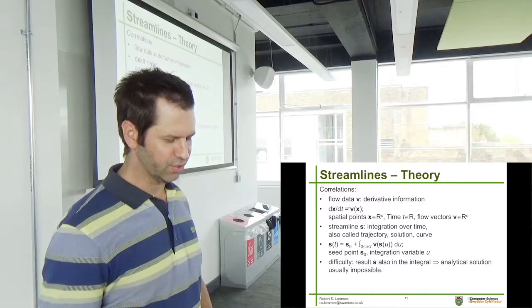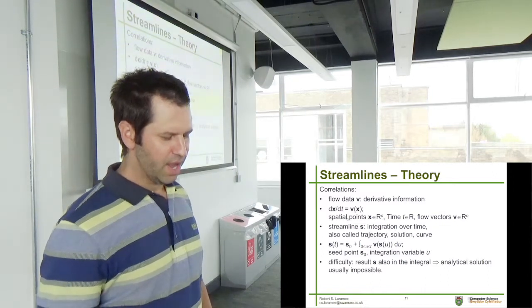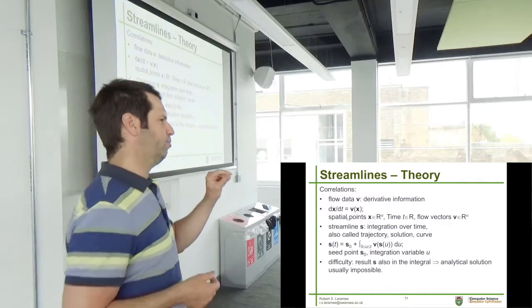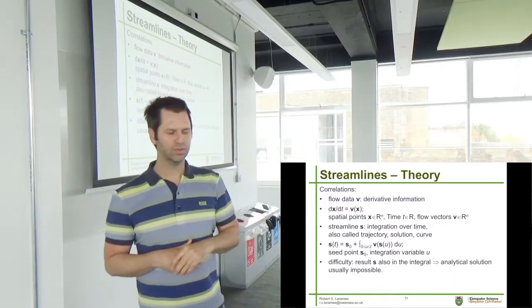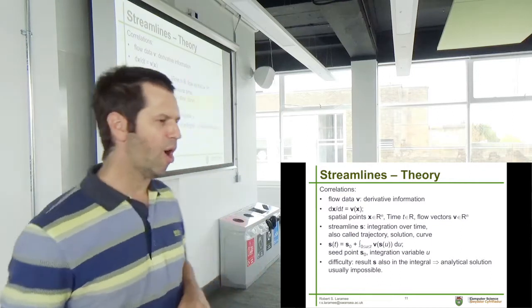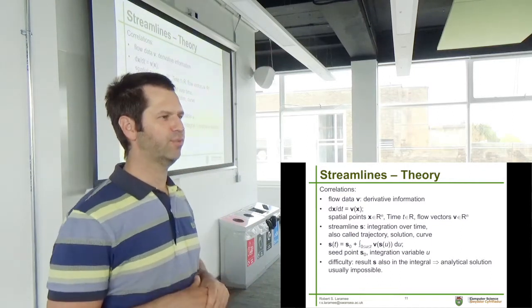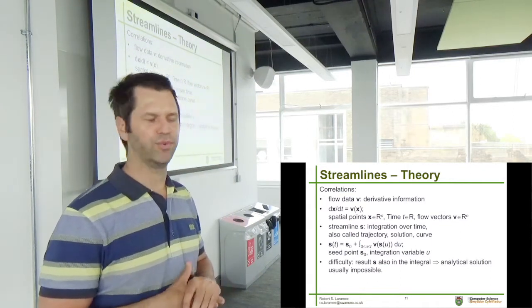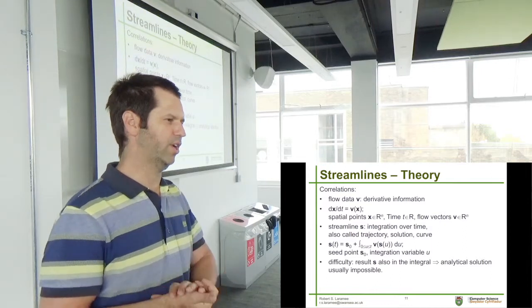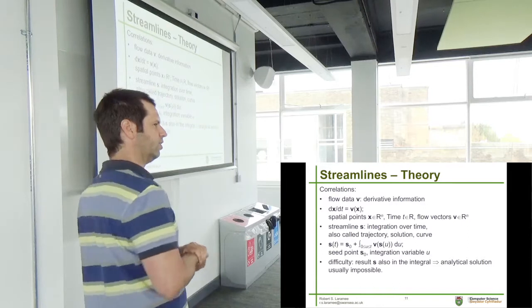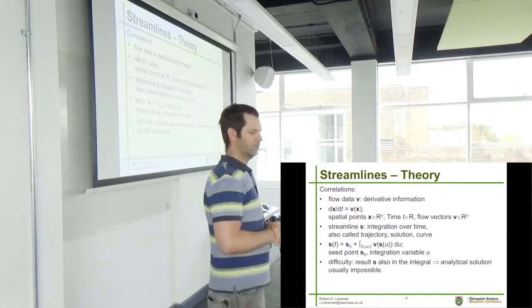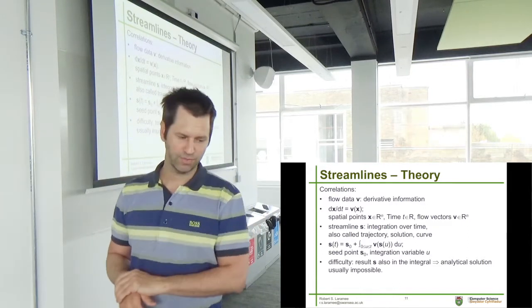So velocity is a derivative quantity, and to track the position of a particle as it traverses flow, we do the opposite of computing derivatives. The opposite of computing derivatives is called integration. And that's a subject you study in calculus, how do you integrate flow?